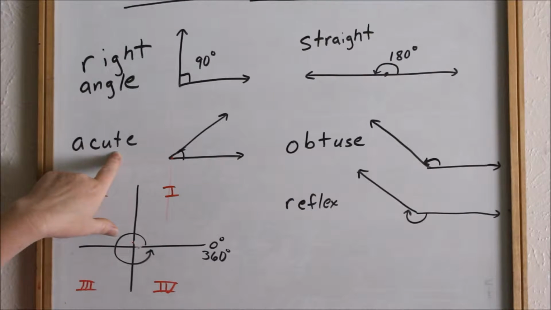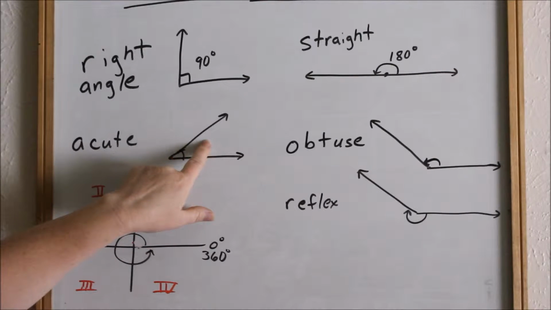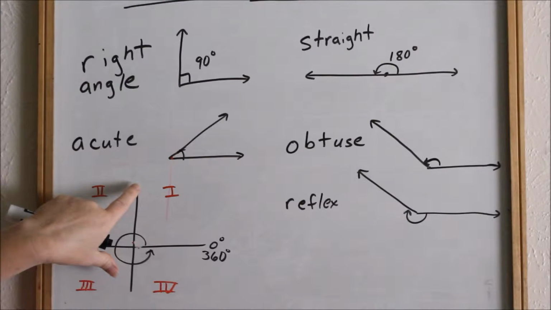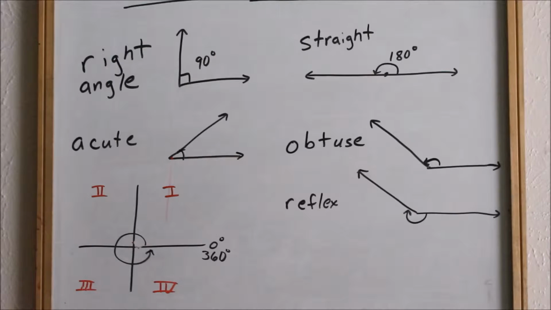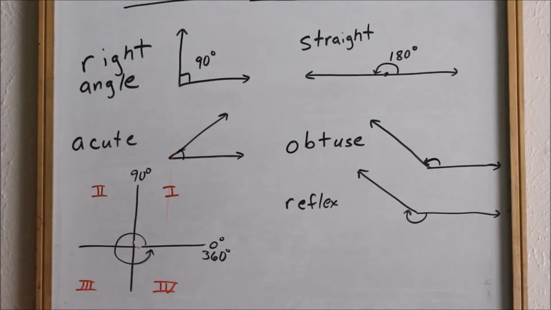Alright, the other three main types of angles are acute. Okay, these are smaller angles. They are smaller than 90 degrees. Okay, if you want to think of it on your quadrants, here is 0 degrees, and then I go up here to, this would be 90 degrees. An acute angle is somewhere in there.